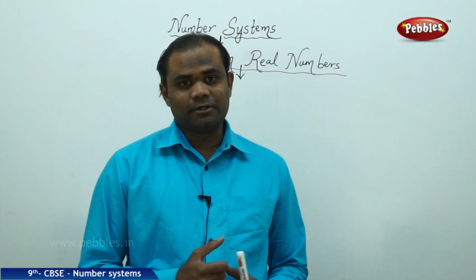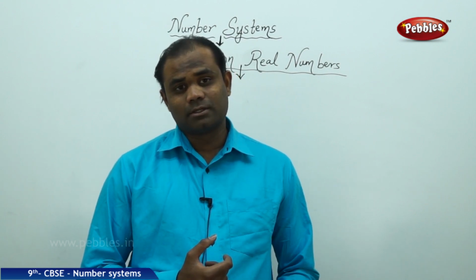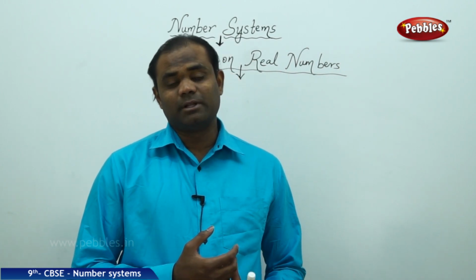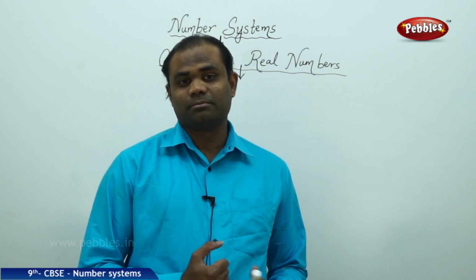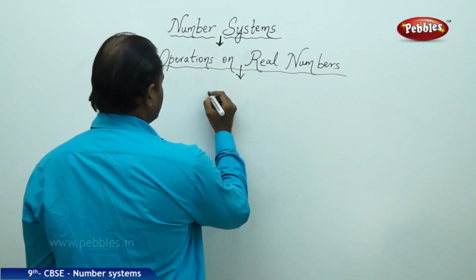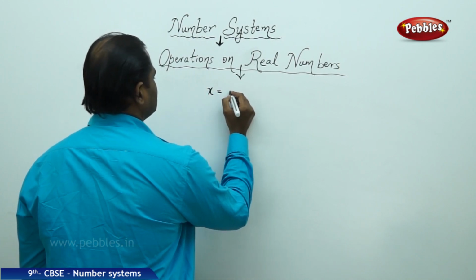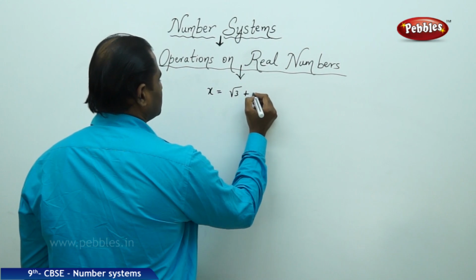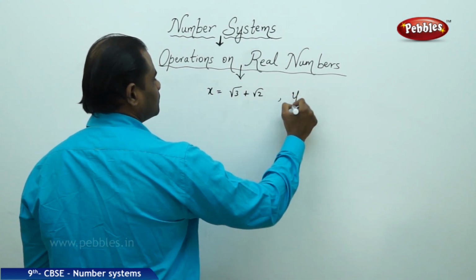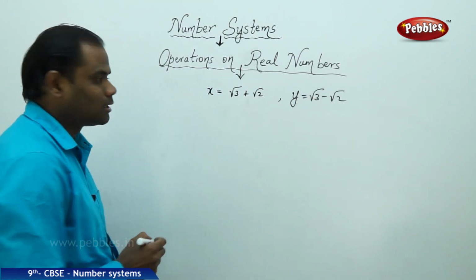Now let's see the different types of operations which are applicable in real numbers, mostly the rational numbers and irrational numbers, which play a vital role in the simplification process. For example, I have two real numbers. Say my x is root 3 plus root 2 and my y is root 3 minus root 2.